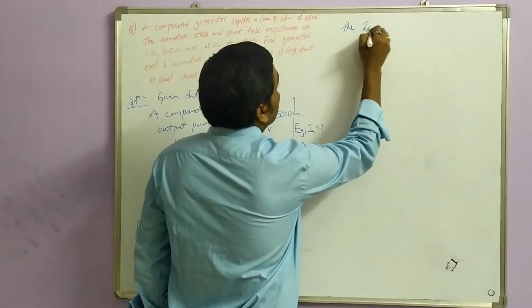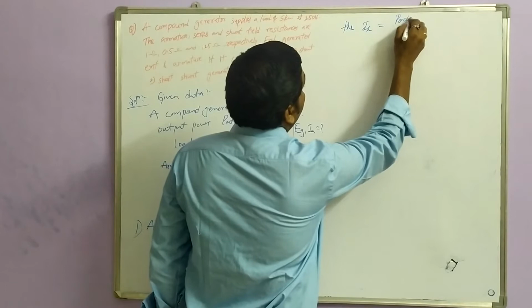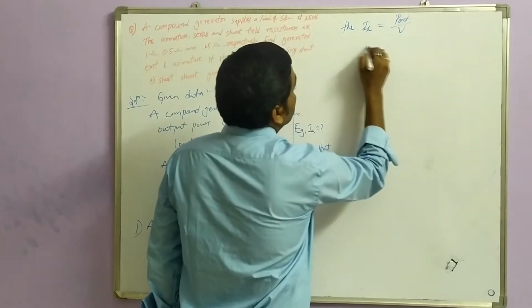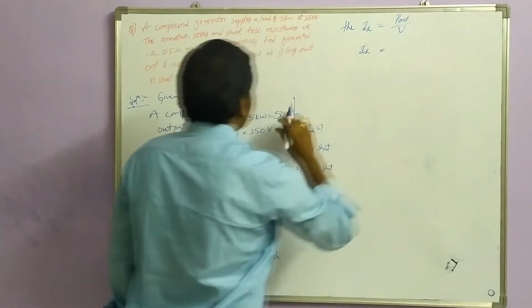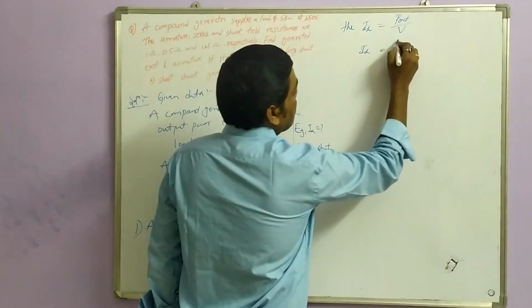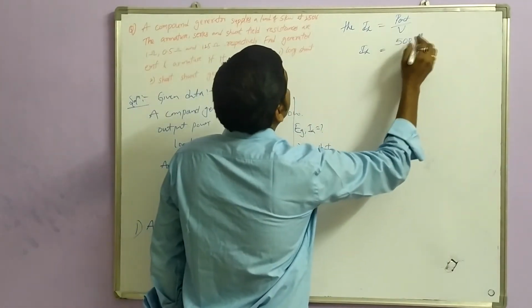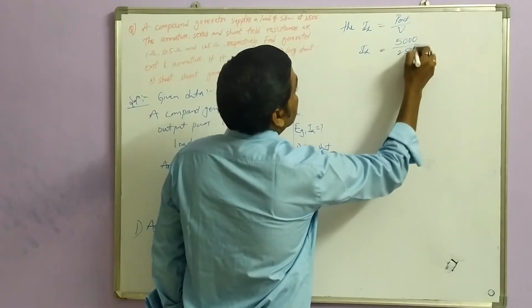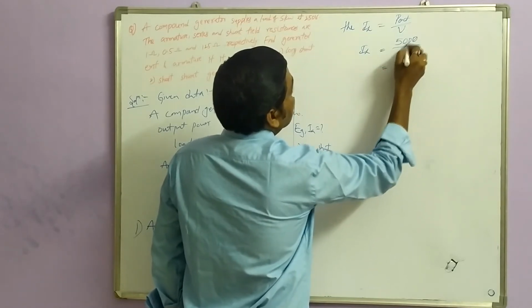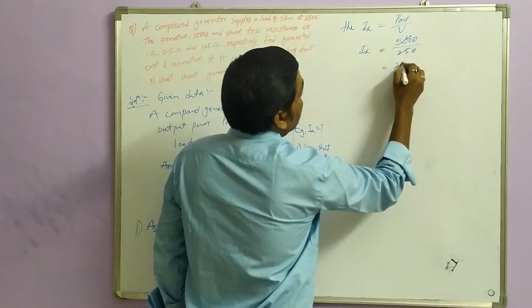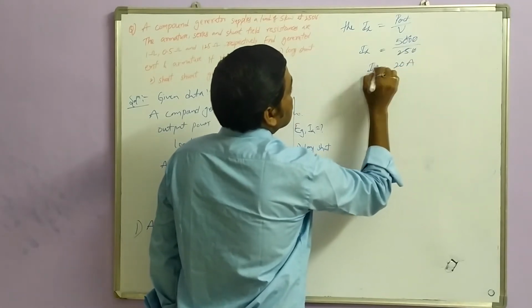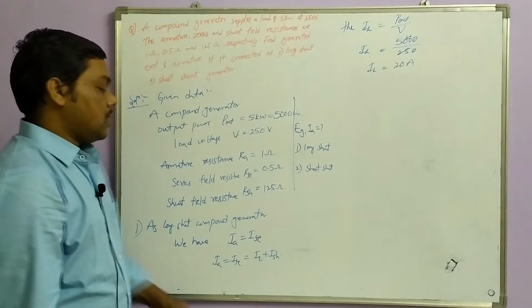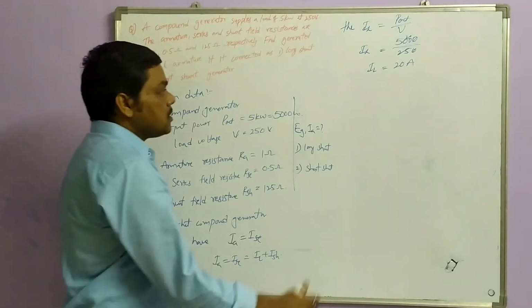Then IL is equal to P output by V. So IL is 5000 watts divided by 250, so we get 20 amperes as load current for the long shunt generator.